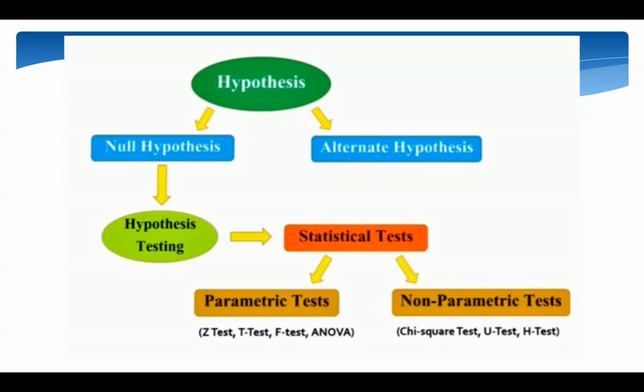These statistical tests are divided into two types, the parametric test and the non-parametric test. If the data is quantitative in nature, I will go for a parametric test. If the data is normally distributed, I will go for a parametric test. If the sample has been randomly taken, I will go for a parametric test, right?